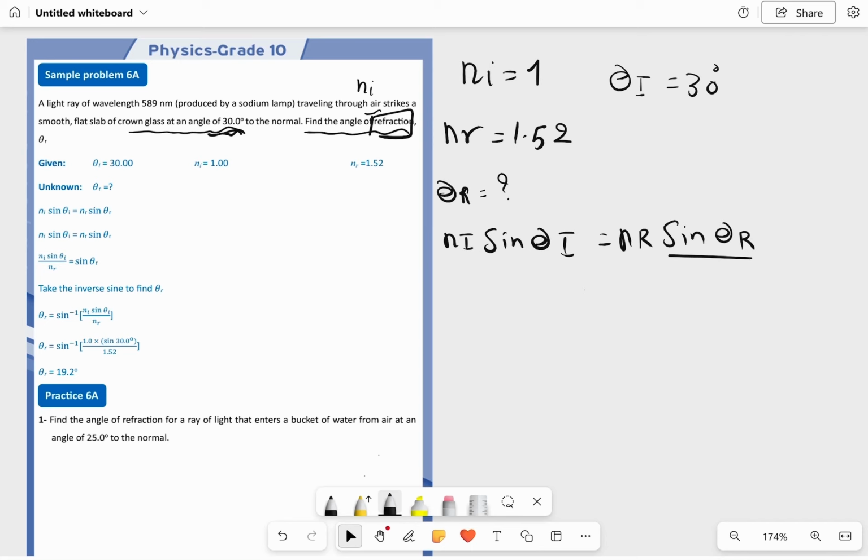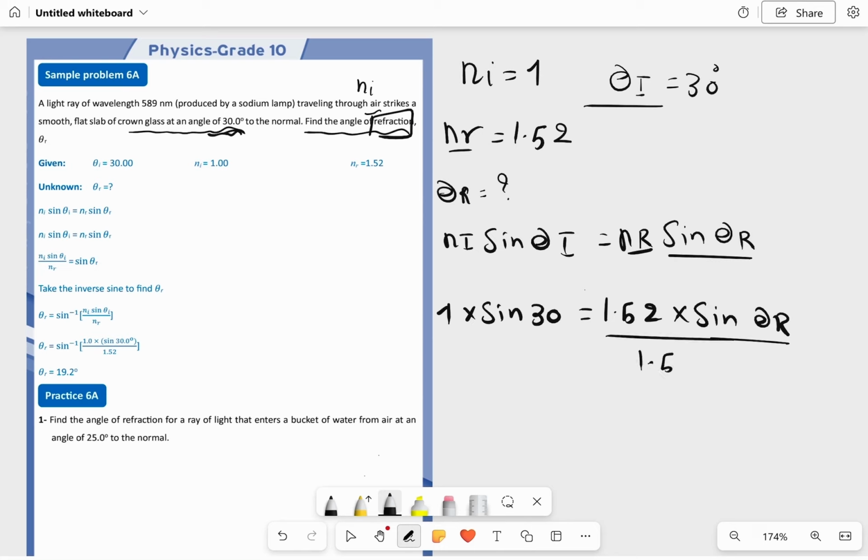Ni is equal to 1, theta i is equal to 30, so sine 30 is equal to 1.52, which is Nr here, times sine theta r. I'm trying to find this one. Sine of 30 is 0.5, but I'm going to just divide here. We divide this by 1.52 and divide also this one by 1.52, and it cancels.